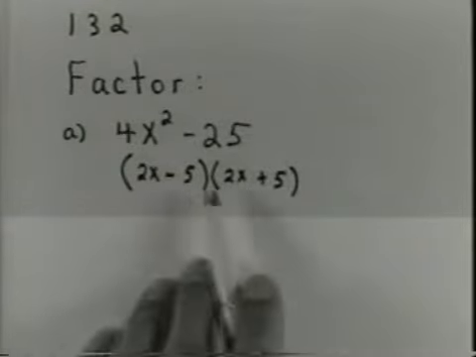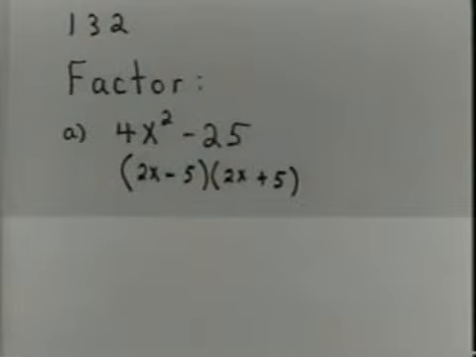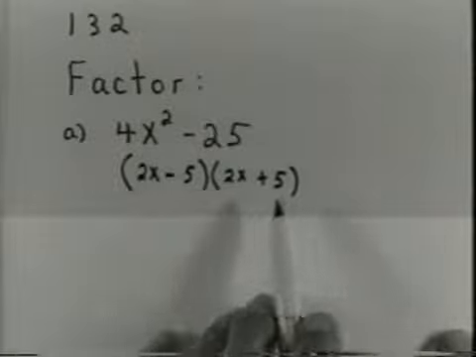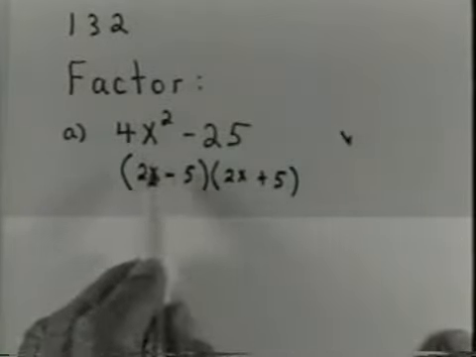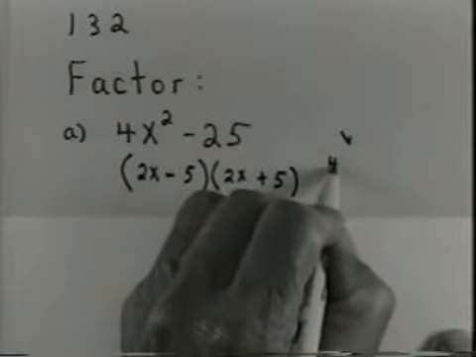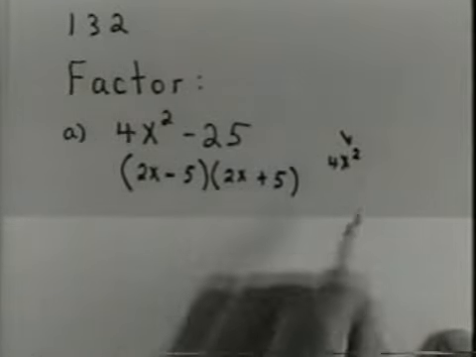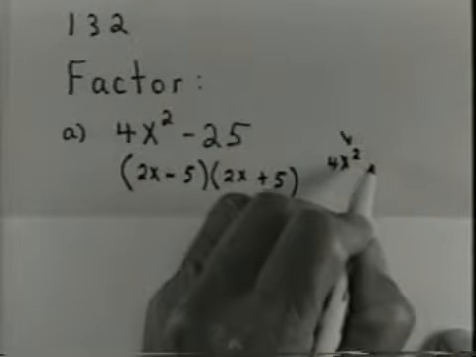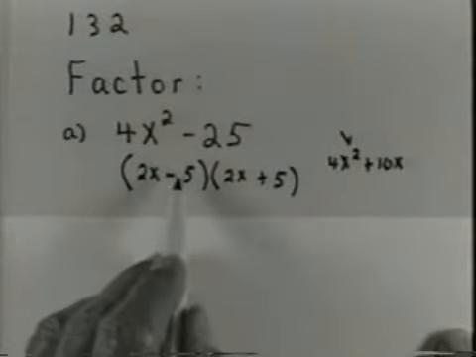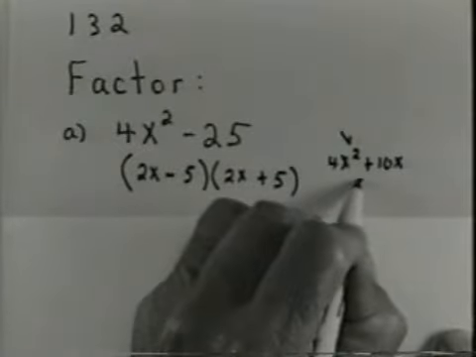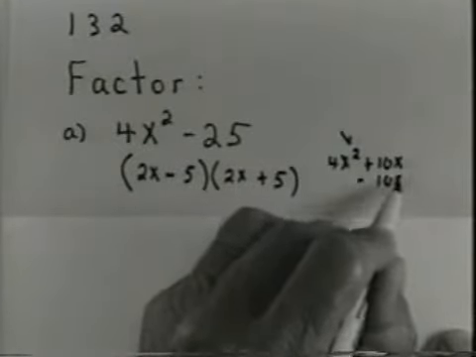Now, of course, we can check this if we want to make sure that we multiplied it correctly. So we can check it by using the FOIL method. If I multiply the first times the first, 2x times 2x is 4x squared. 2x times 5 would be a positive 10x. A negative 5 times 2x is a negative 10x.